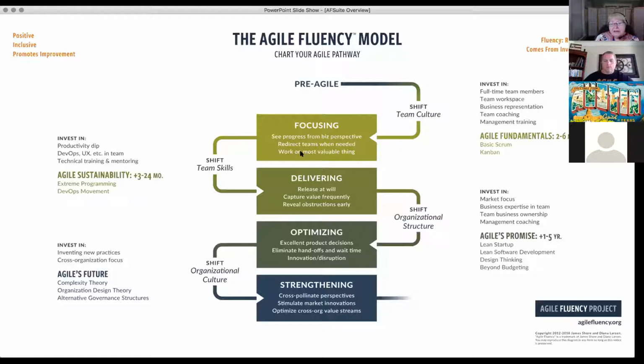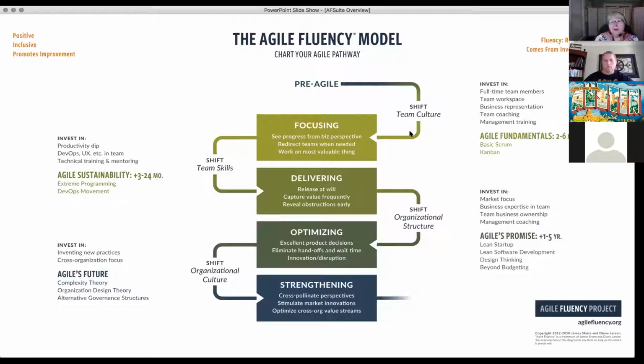They're building internal services. They're not doing a product for sale in the marketplace. Sometimes focusing is exactly what those organizations want, and they see it as a huge improvement over what they've gotten before. But that's not enough for everybody.